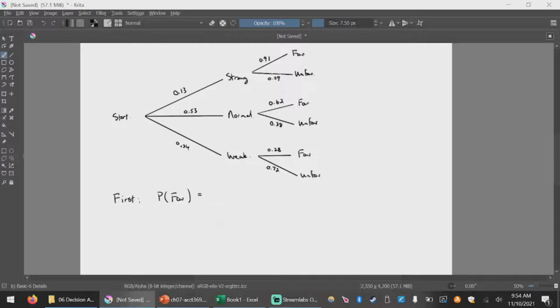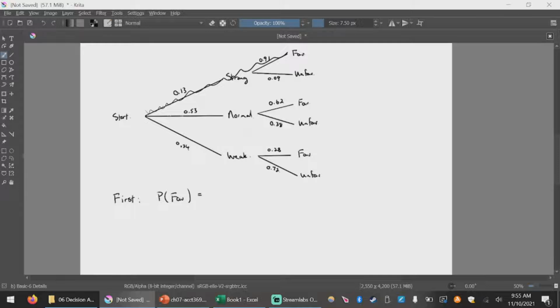I look at my tree and I say, which paths from start to finish will give me this outcome or this event of favorable? Well, I'll highlight it here, but then I'll erase it because I can't erase it after the fact. These three paths will all lead to a favorable outcome because I don't know what the market condition is.